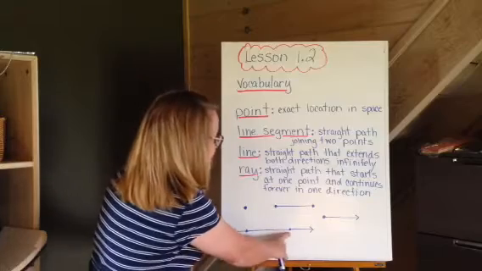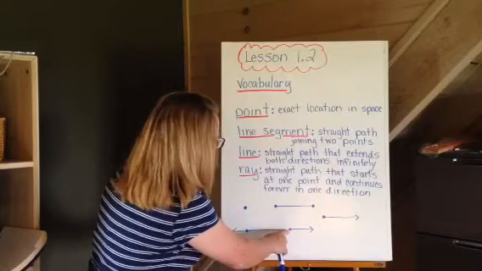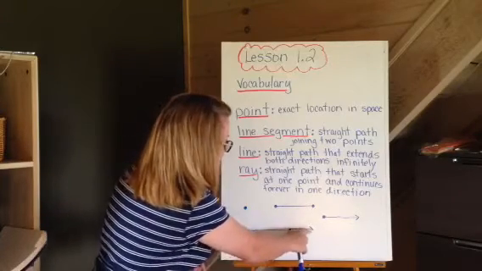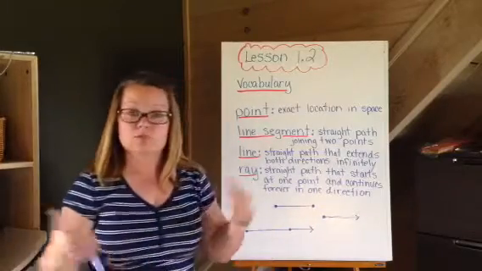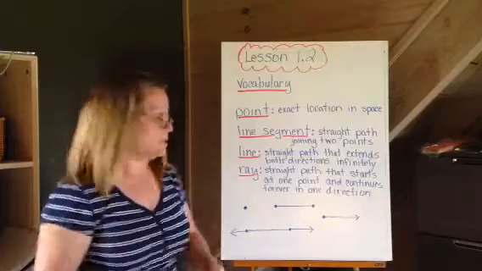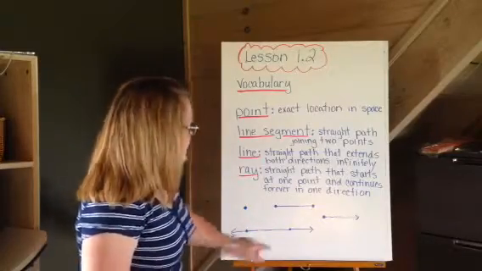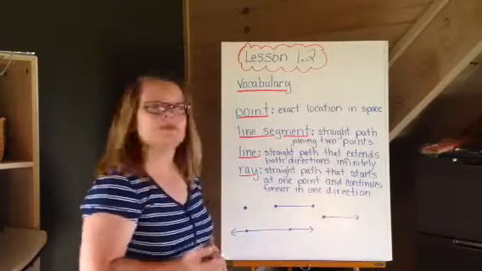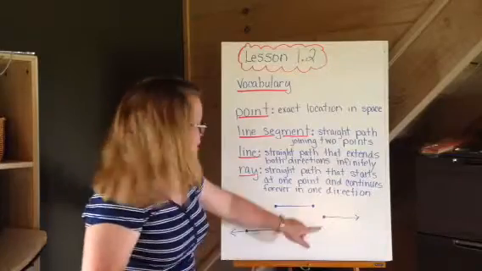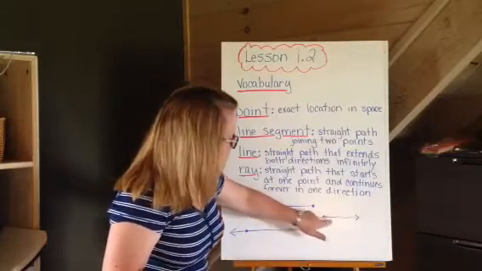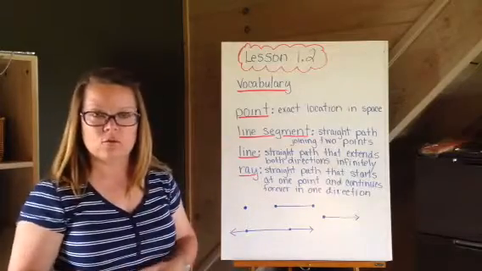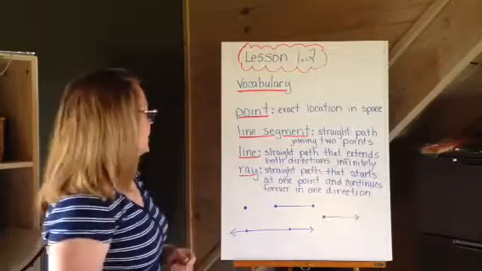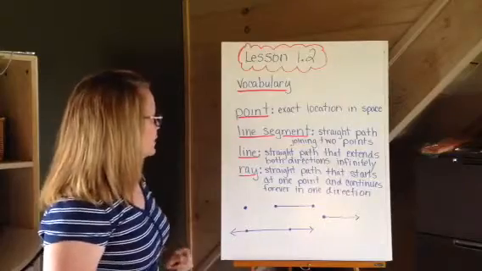Now, it has a line segment in it, but it is called a line because it continues, those arrows tell me that it continues in both directions without stopping. So that's going to be my line. And then this, of course, is going to be my ray. It has an end point, and then it extends the other direction infinitely, or forever and ever. Okay? So those are the 4 vocabulary words.